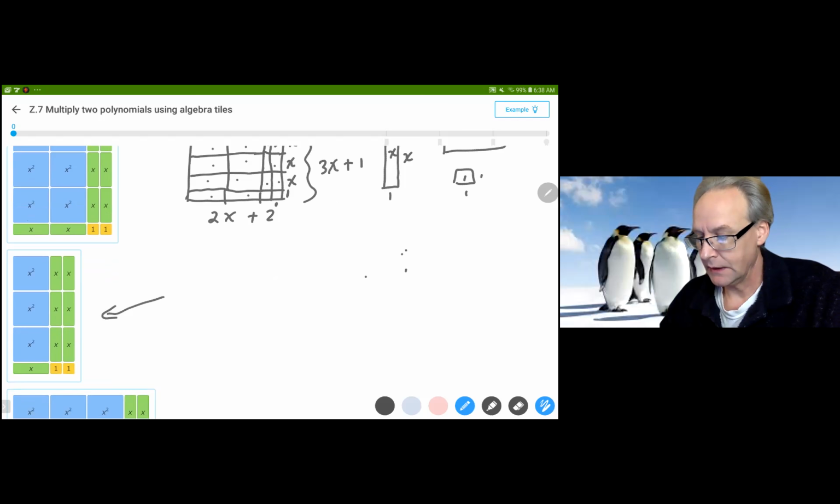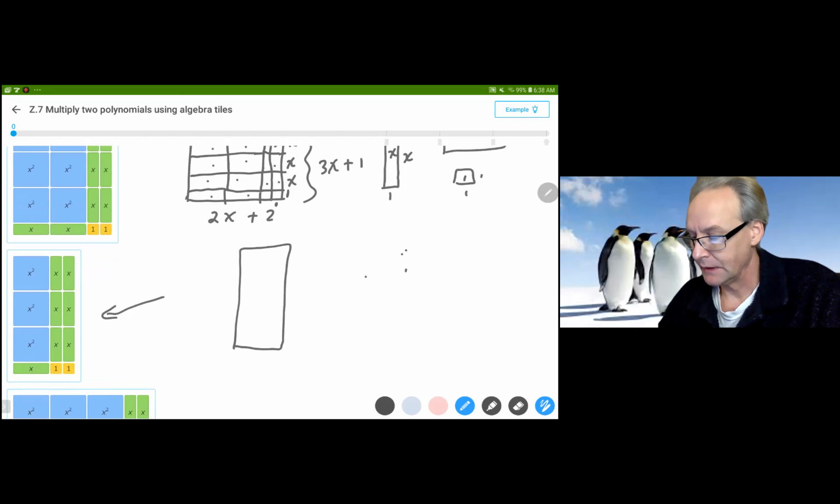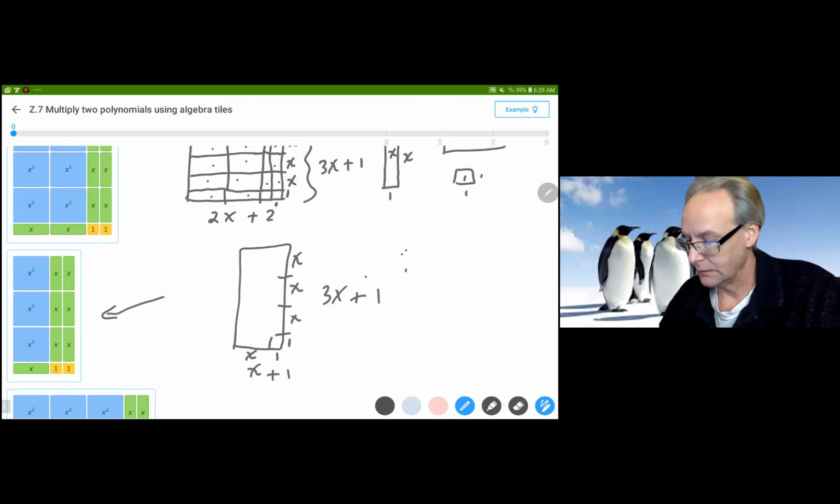This one has the dimensions this way. See if you can predict it. It's 3x, there's 1, 2, 3x plus this 1. And this way, we've got an x plus 1, don't we? And so that's the model being presented there for that one.